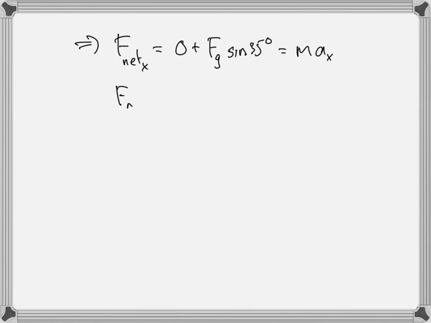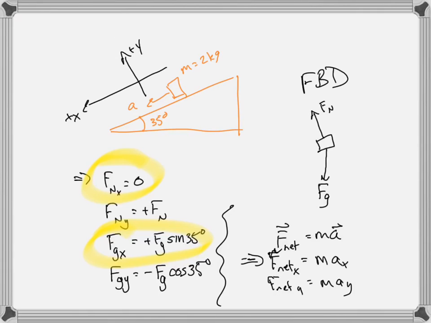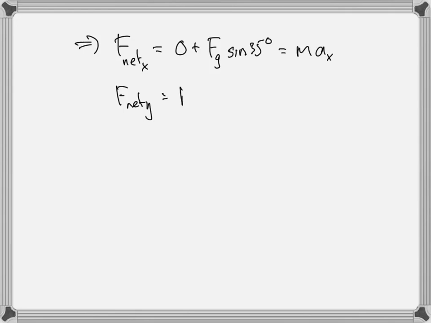F net y from the free body diagram equals Fn minus Fg cosine 35 degrees, and that equals m a sub y.